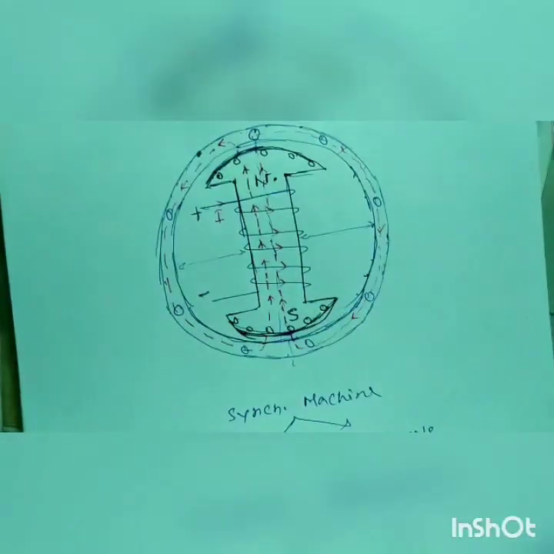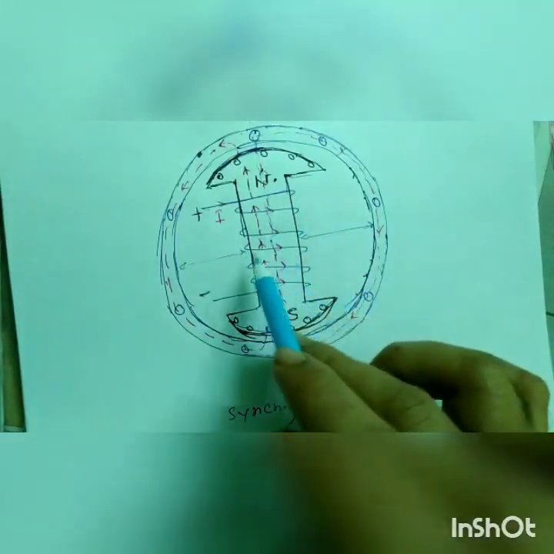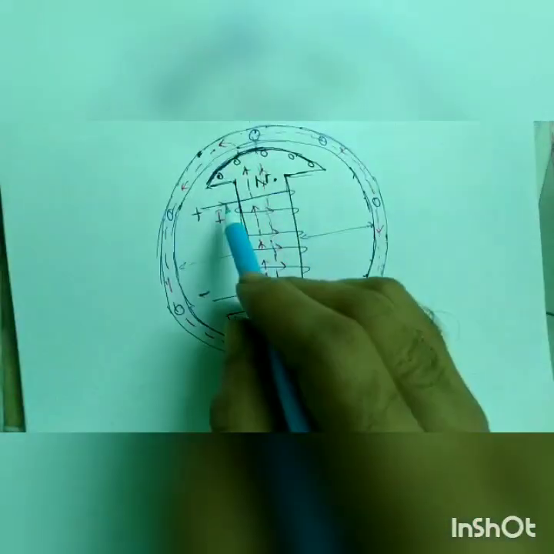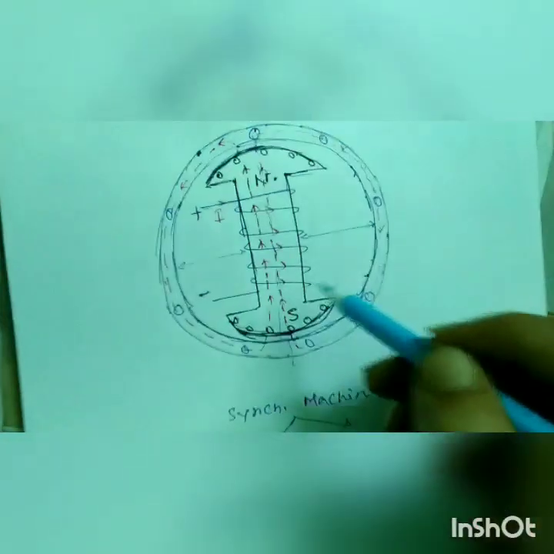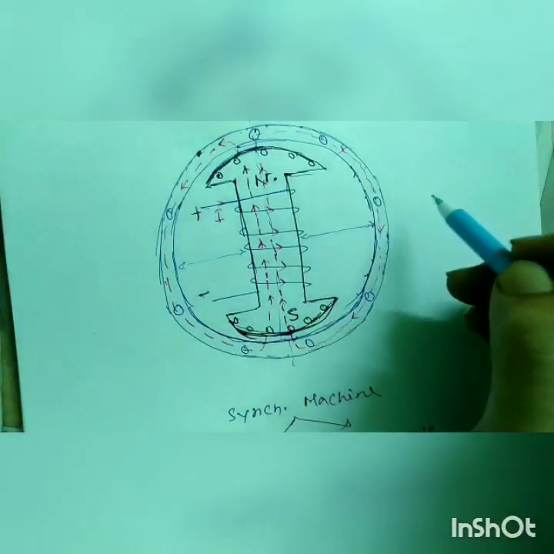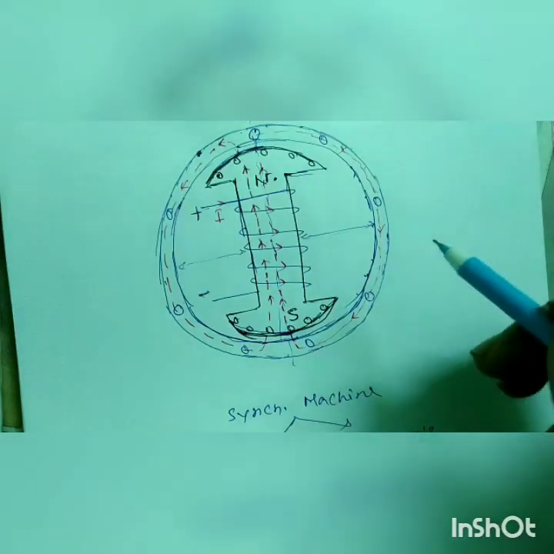This is different from the induction machine, which is a self-rotating machine. We don't have to excite it in a different way. Here we have to excite it by a DC source, whereas in the case of an induction machine we don't need to excite by a separate source.